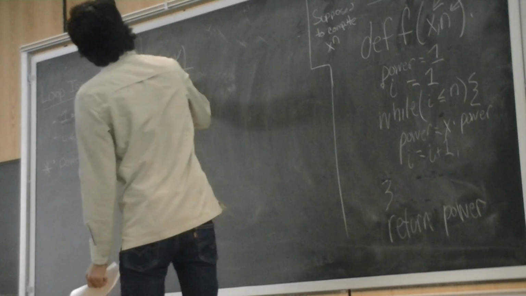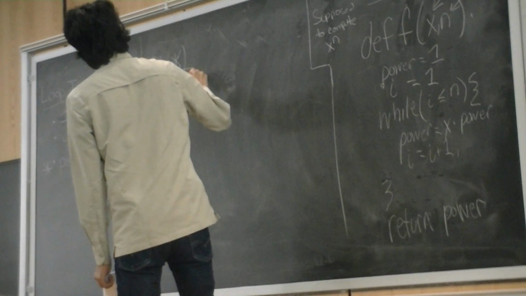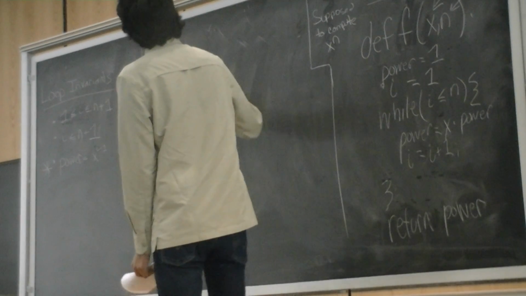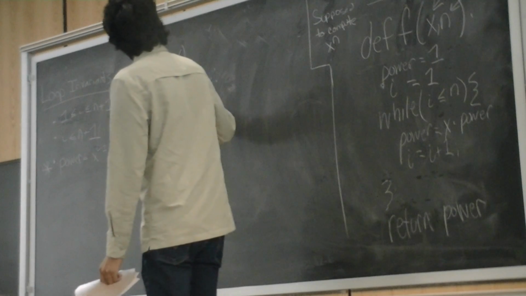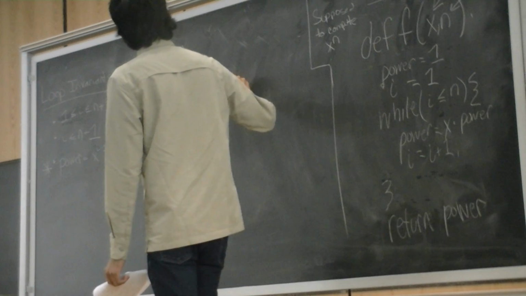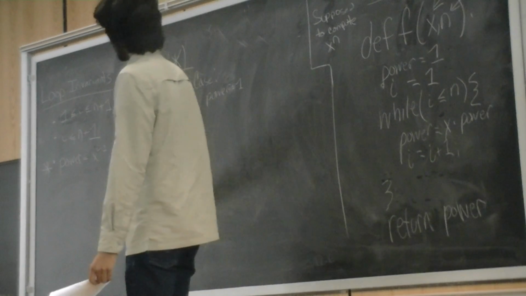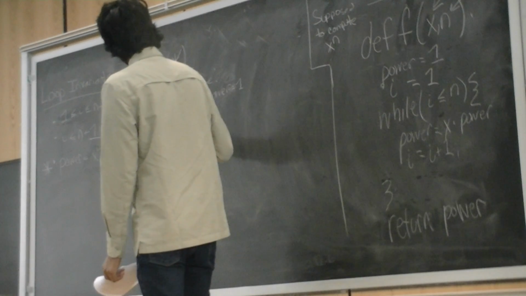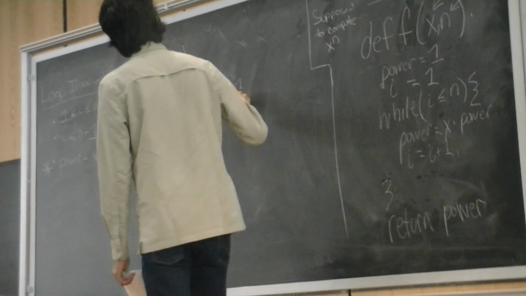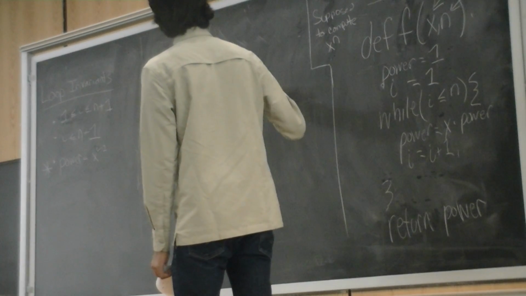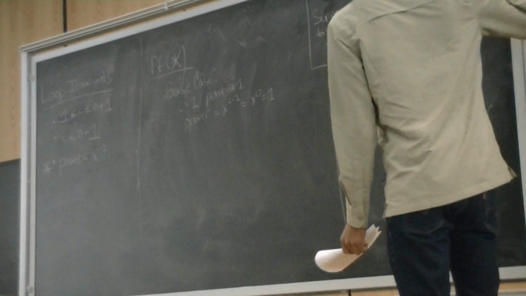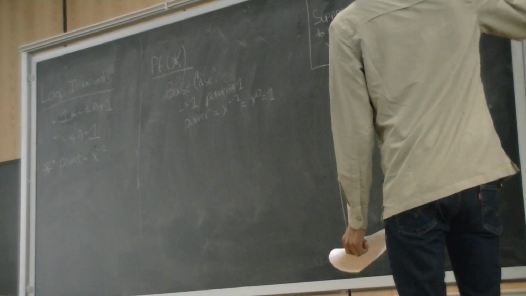We need to verify the base case, and that is before the loop starts. So before the loop starts, we have that i is equal to 1, and we have that power is equal to 1. For this loop invariant to be true, we would need that power is equal to x to the i minus 1, which is equal to x to the 0, which is equal to 1. As long as x is not 0. Maybe I should say that. x not 0.